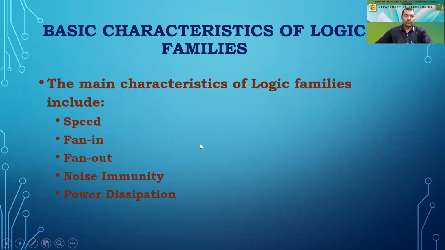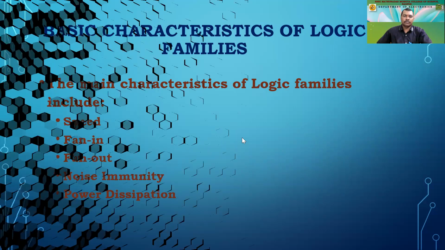So it should have a good speed, fan in should be good, and fan out should allow the maximum number of digital ICs to be connected to it. It should be immune to noise, and it should have less power dissipation. So these are some of the factors which are very essential to select a logic family.